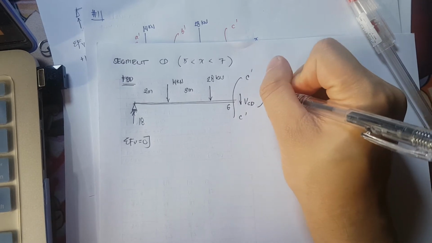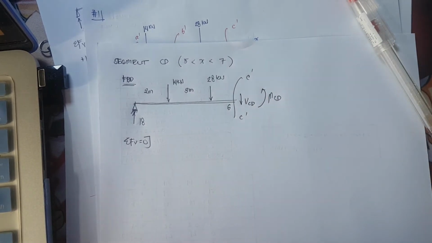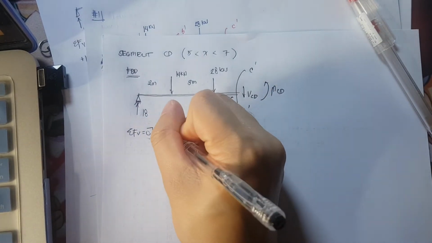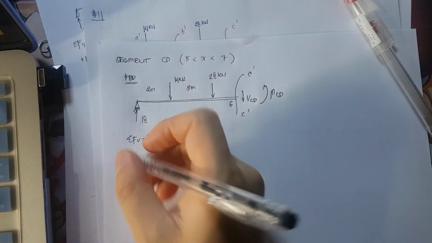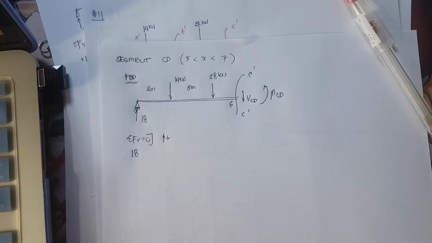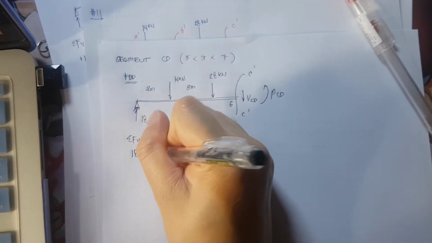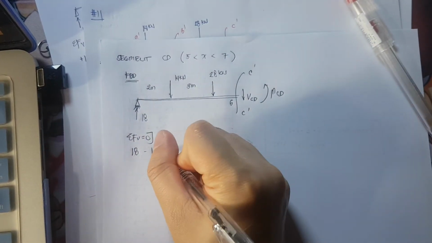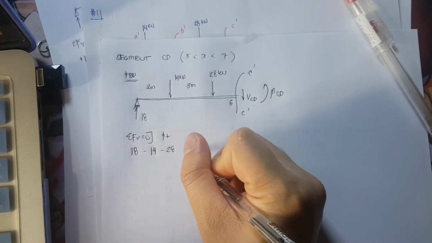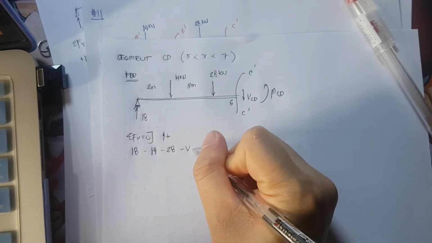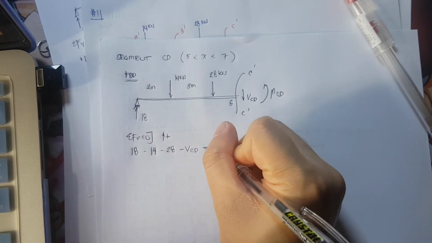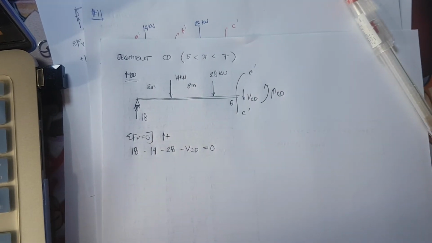Then we have moment CD. Okay, so all forces pointing upward should be positive. So, we have positive 18 minus 14 minus 28 minus shear CD is equivalent to 0.